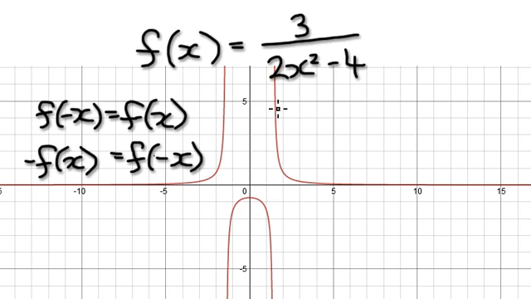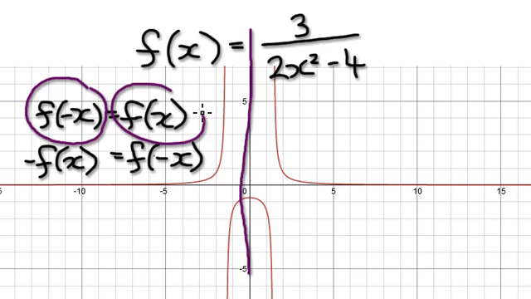Imagine you didn't have the graph. If you did have access to a graph, to decide if a function's even, you would reflect it along the y-axis in your mind and see if the reflection equals the original.